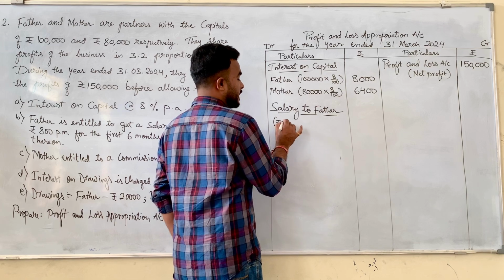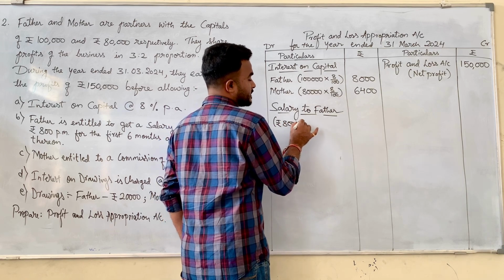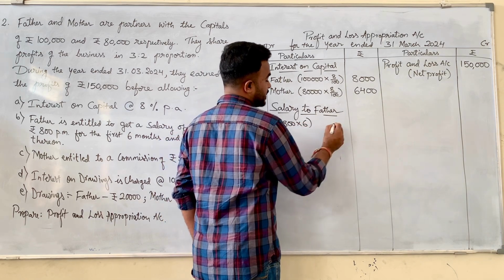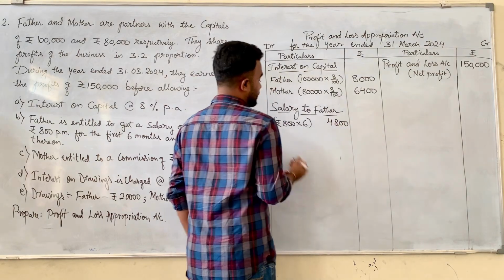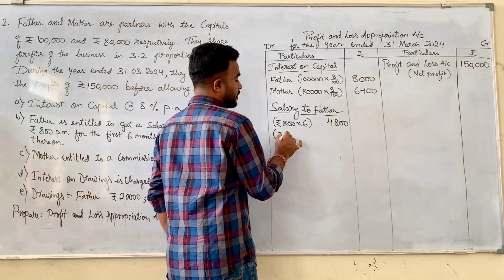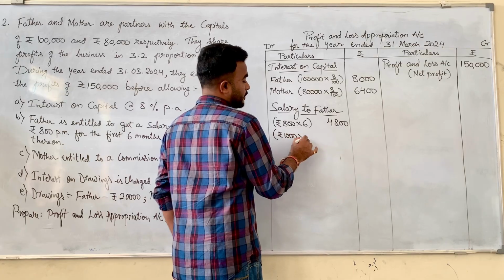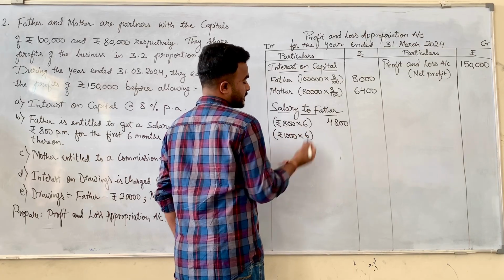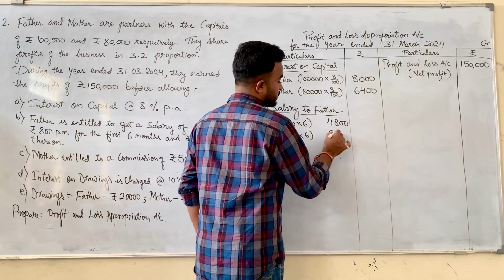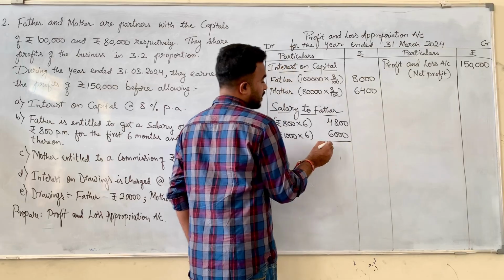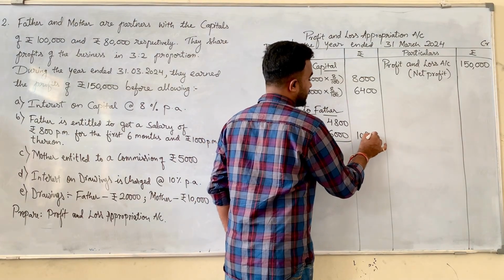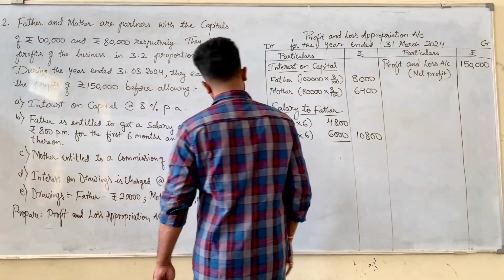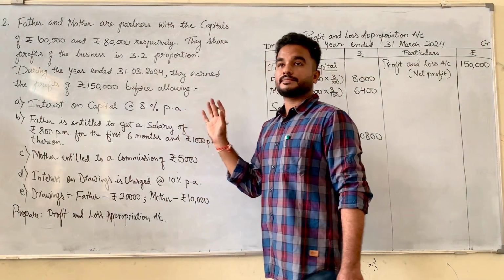Okay, rupees 800 into how many months? 6 months, which is equals to 4,800. And then rupees 1,000 per month thereon. Into how many months left? 6 months, which is equals to 6,000. So the total of salary payable to father is 10,800. Any doubts on this?